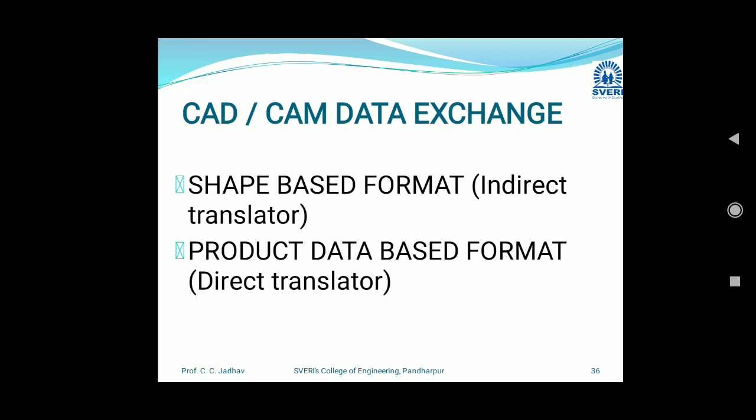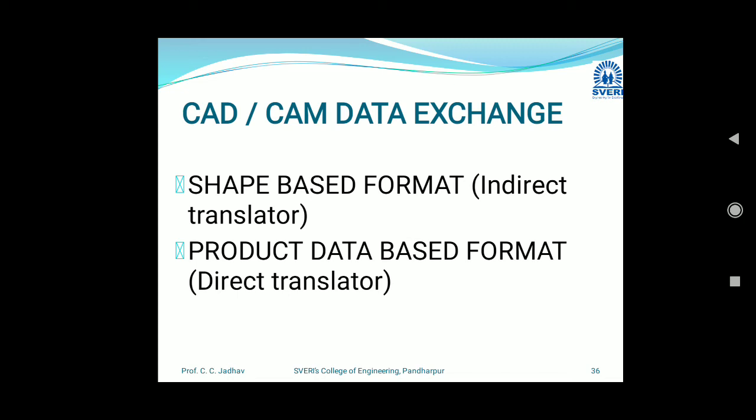Next, third, manufacturing data: information such as selection of tools, NC tool path generation, tool design, bill of material, and selection of the manufacturing process is stored in the manufacturing data. And last, design data: information related to analysis such as mass properties, volume properties, and inertia properties.